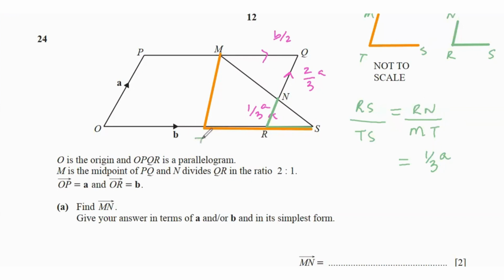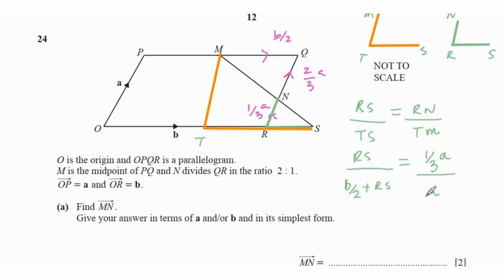TS is B over 2 plus RS. So that's B over 2 because MQ is the same as TR because T is exactly beneath M. So B over 2 plus RS. RS is what we're trying to find, and MT is, or TM is A. Yeah, so TM is A.